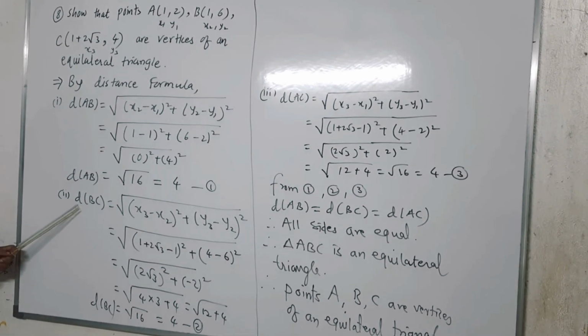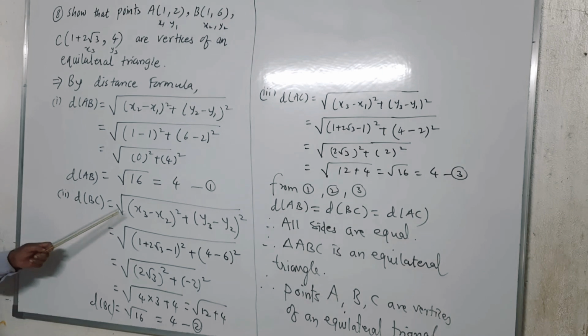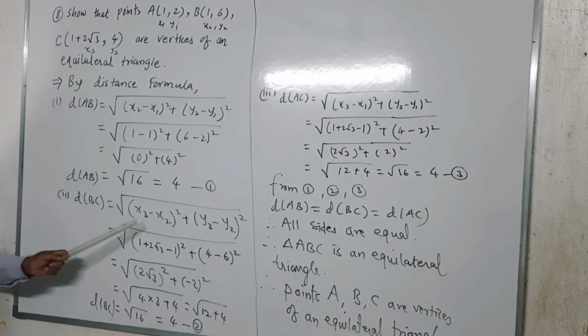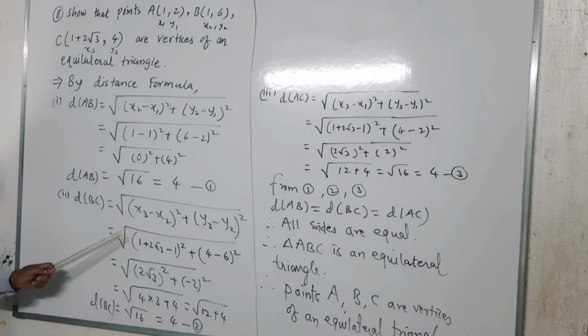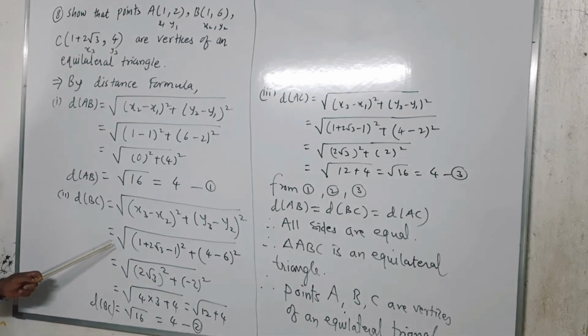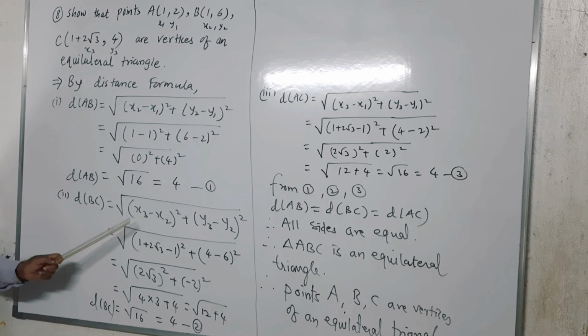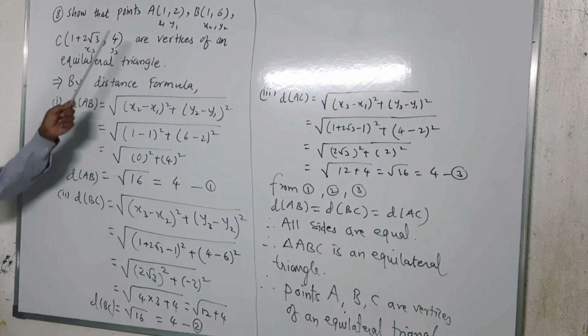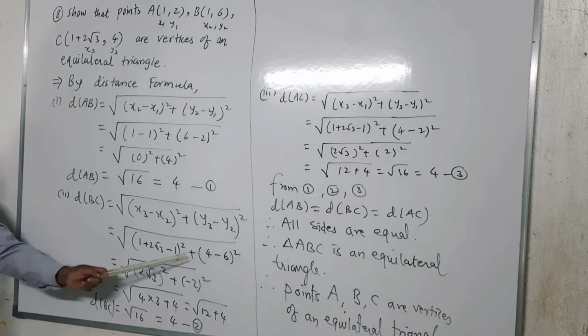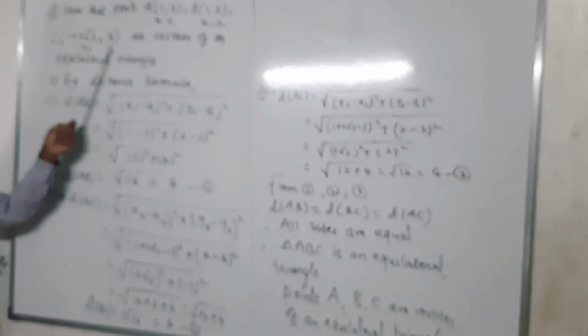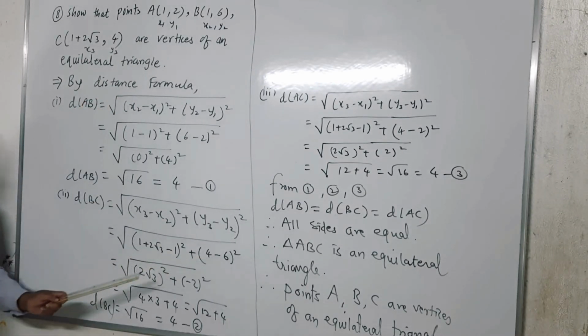Also again by distance formula, distance BC is equal to under root (x3 minus x2) square plus (y3 minus y2) square. Therefore distance BC is equal to (x3 which is 1 plus 2 root 3 minus x2 which is 1) bracket square plus (4 minus 6) bracket square.